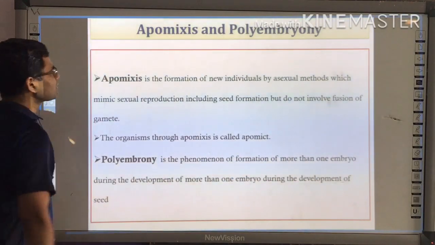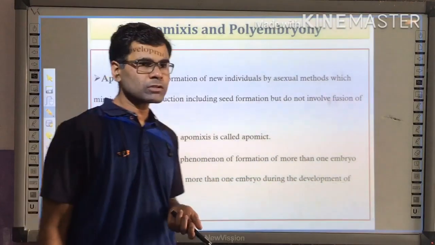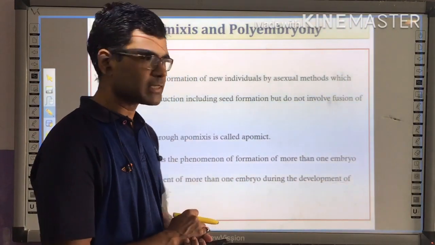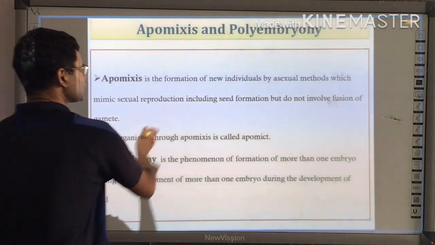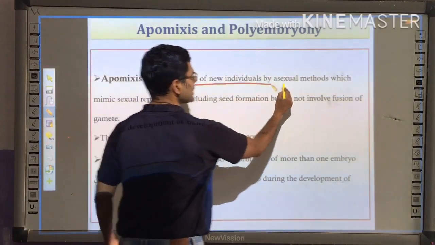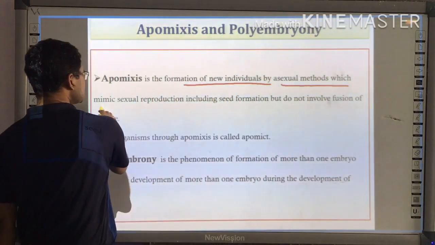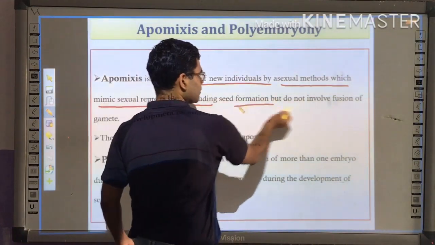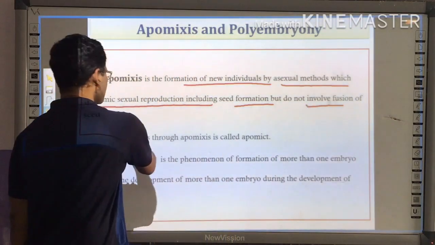Two more terms are given in your book, that is apomixis and polyembryony. So let me discuss them. Apomixis is the formation of new individuals by an asexual method which mimics sexual reproduction, including seed formation, but does not involve the fusion of gametes.